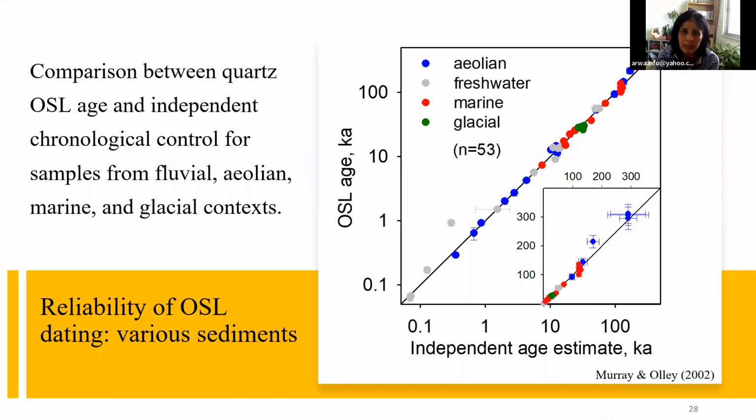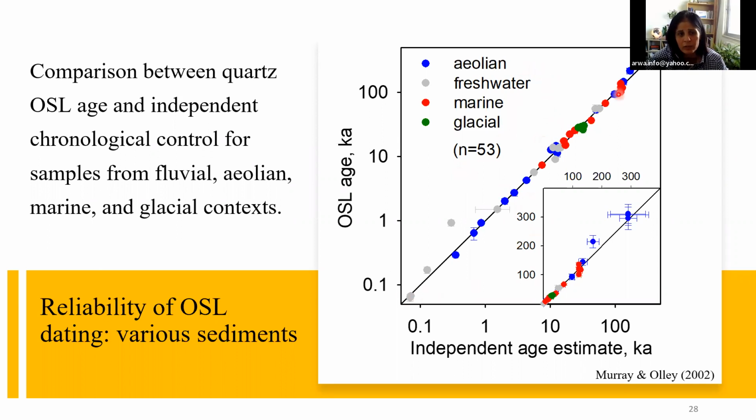To check the reliability of the OSL dating, a study by Murray and Olley 2002 made a comparison between OSL ages for quartz from different environments, Aeolian, freshwater, marine, or glacial, for about 53 samples.